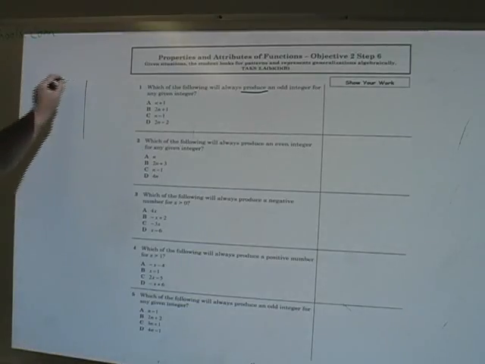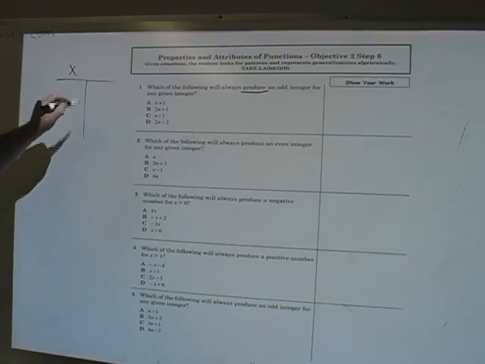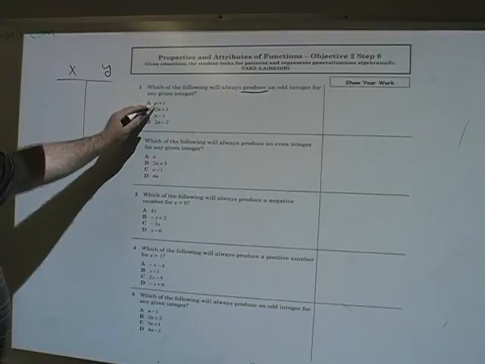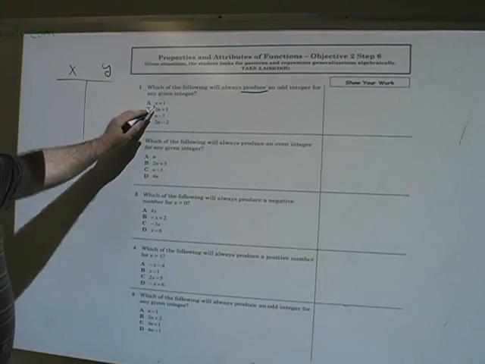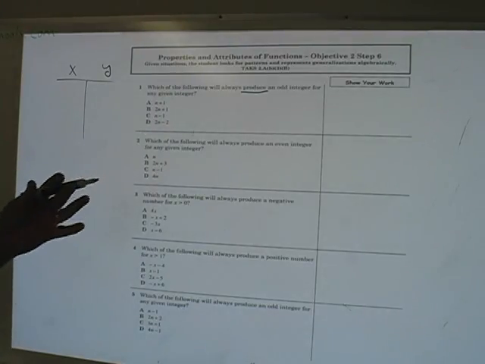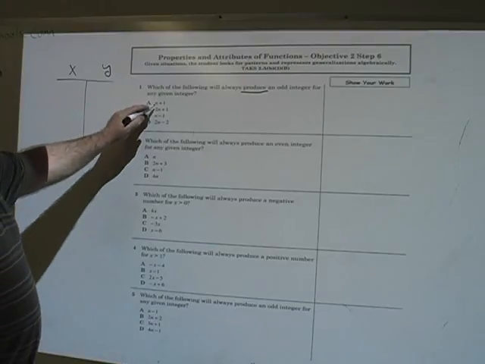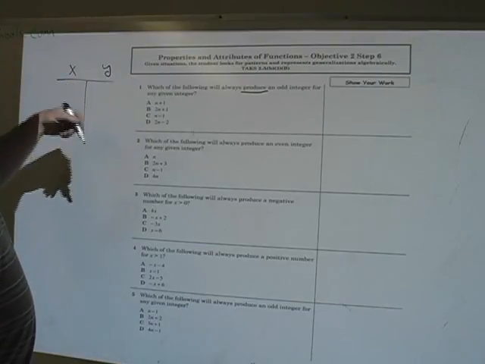Remember what we're doing here. Talking about our xy table. And I'm going to change the n to x here, because x is what you're used to. Okay? So when you plug this into your calculator at the y equals button, you're going to get an output.